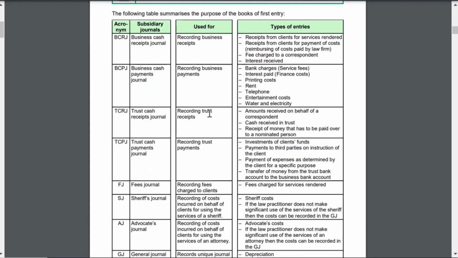So what do you record in your Trust Cash Receipts Journal? You will be recording all the monies that have been received on behalf of your client.